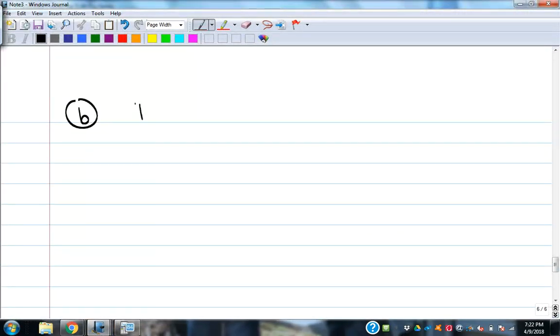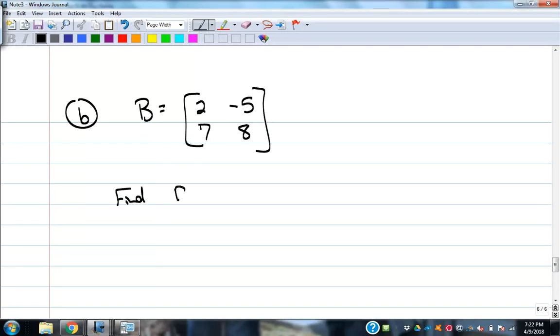Let's find matrix B, which is 2, negative 5, 7, 8. Let's find B inverse, just to get that practice. So 2 by 2.